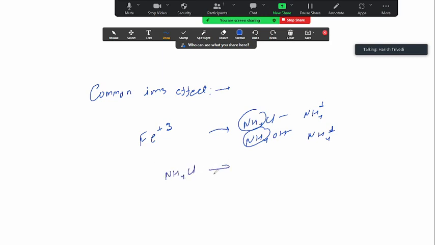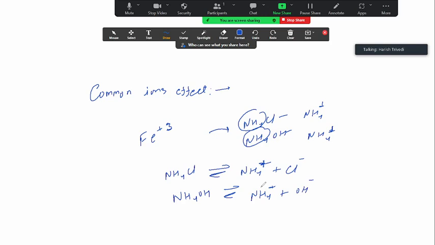Ammonium chloride will give, it is also a reversible reaction, ammonium plus chloride ion, whereas ammonium hydroxide will give ammonium plus OH minus.